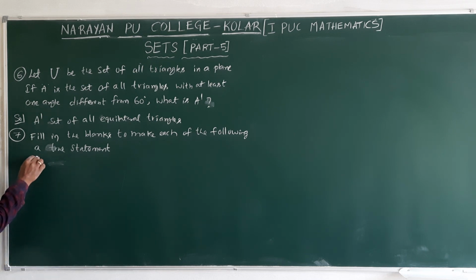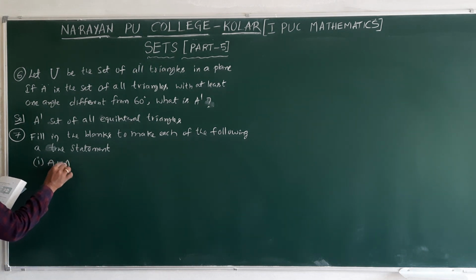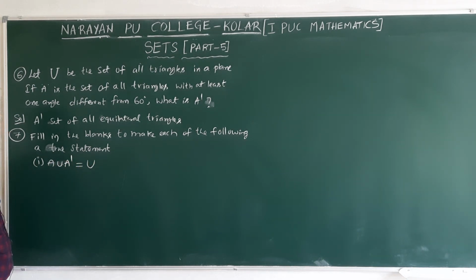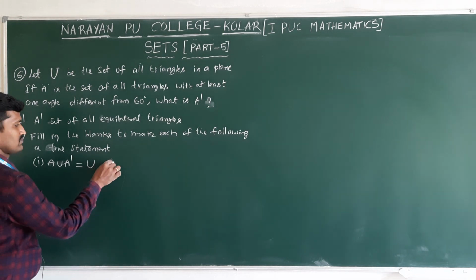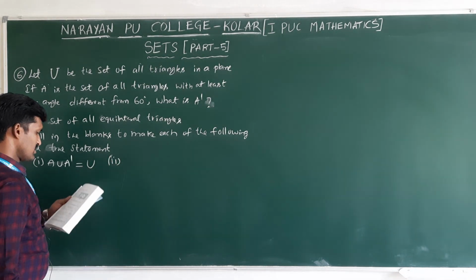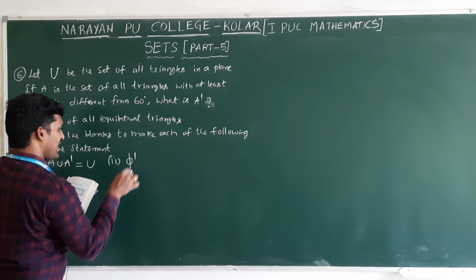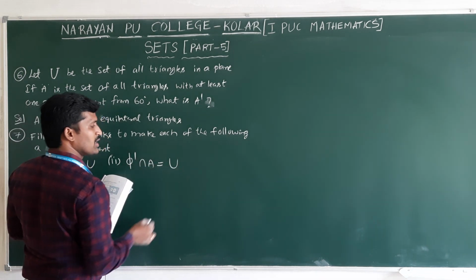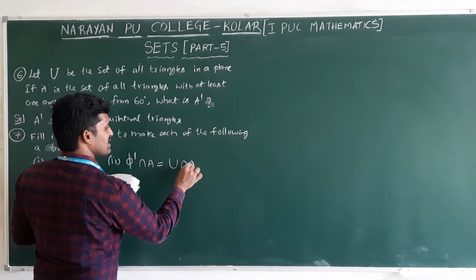In the first one, A union A dash, already we gave the property: A union A dash equals the universal set. Second one, U dash intersection A. Pi dash is nothing but universal set intersection A.